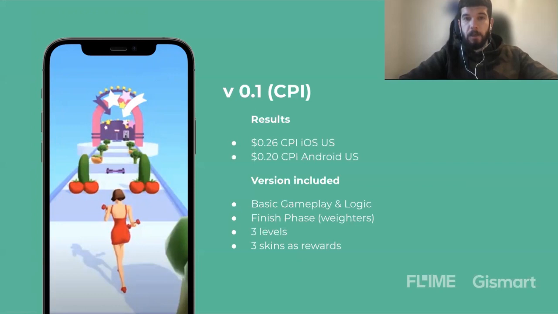As we can see, it can help you decrease your CPI, and in future it can also help to increase your product metrics. So as you can see, we achieved a really good CPI with this build, and we proceeded with the next version.